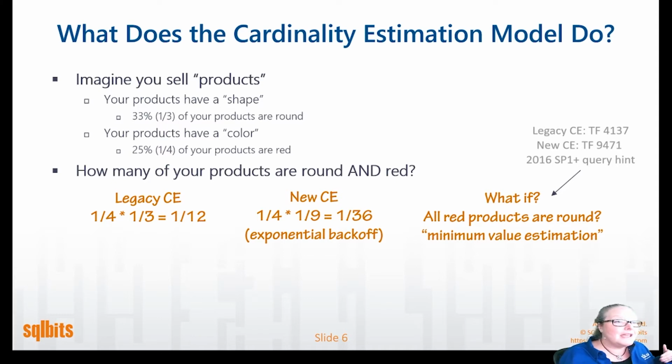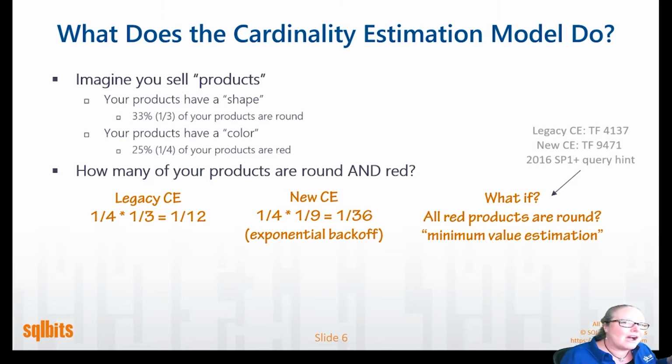And in fact, it might be that you need something like minimum value estimation for certain patterns. Now, you're always better off having indexes that can help correlate the columns with an index on multiple columns. So that brings a whole other question into play, which is, could I solve some of these problems with an index on shape and color? And yes, there are some benefits to doing that. You have to do some testing.